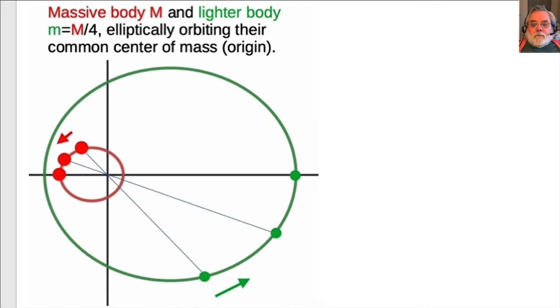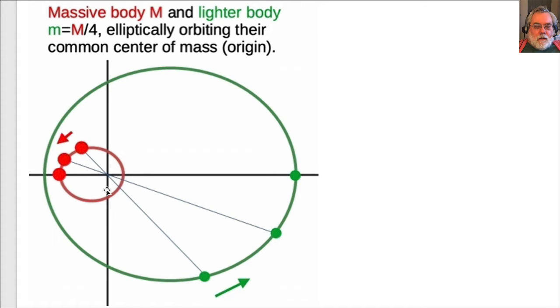Let two objects of mass capital M, red, and lowercase m, green, orbit one another in an elliptical orbit. This can be separated as each orbiting their common center of mass. The center of mass is here, with the same orbital period as one another and in synchronicity with one another, such that the line between their centers always passes through the center of mass.